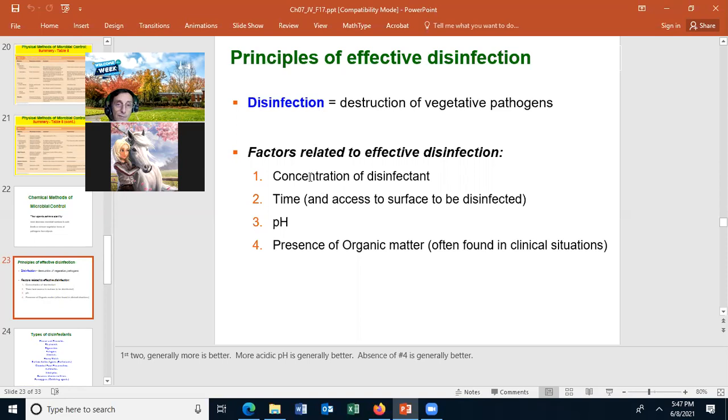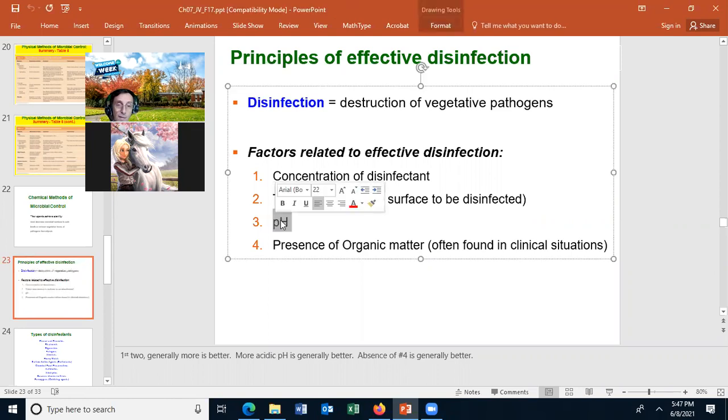In the first two, the concentration of disinfectant and the time of exposure to the disinfectant, generally the more, the better. So if you concentrate the bleach at higher in concentration, it'll be a better disinfectant. And if you use longer exposure time, you'll get more cell killing. With pH, generally, more acidic pH is better at killing cells than a less acidic pH or a neutral pH.